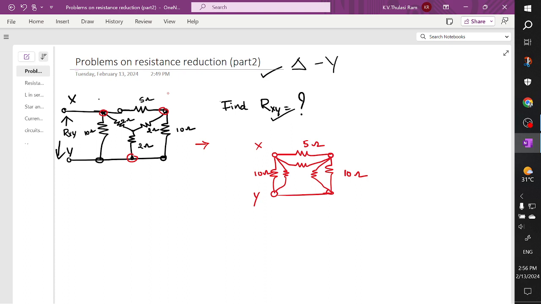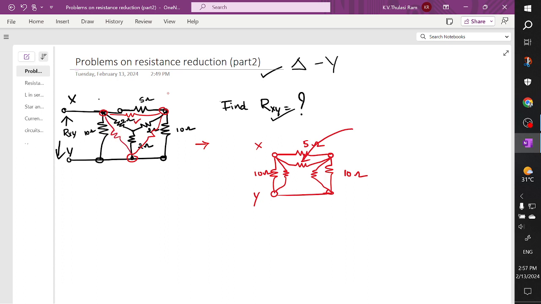Now we need to find out the value of this resistor. We know the formula, and this is the element that we require, and this is the next element that we require, and this is the other element that we require.